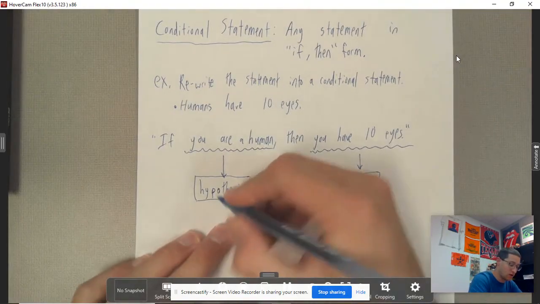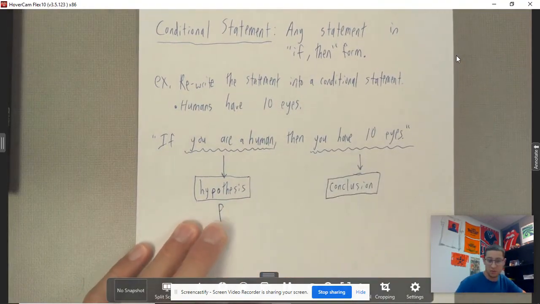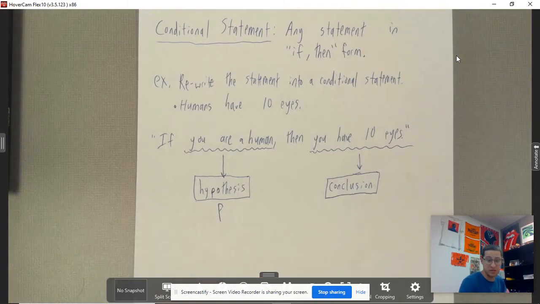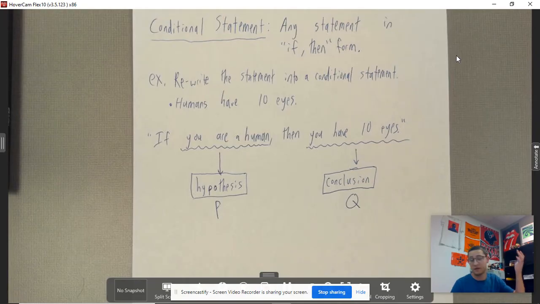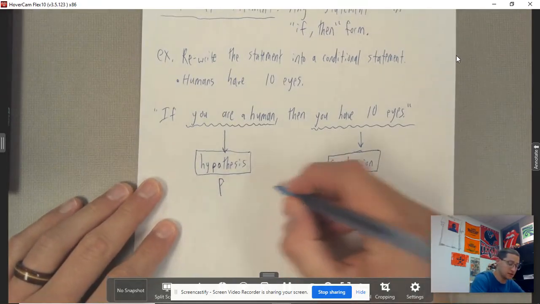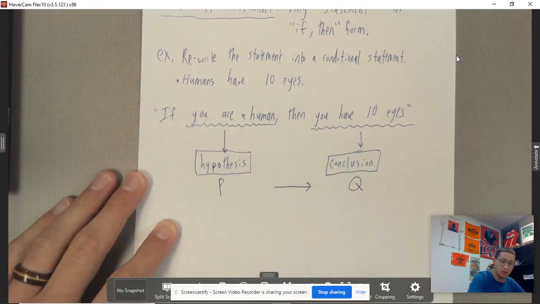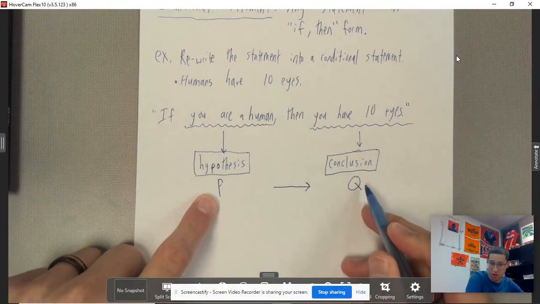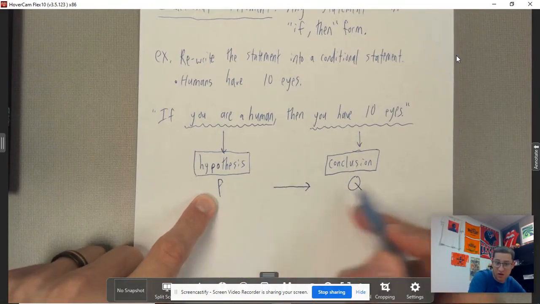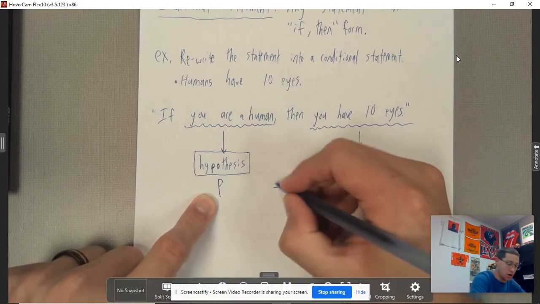The hypothesis is P, and then the conclusion is Q. Now, why it's P and Q, I really have no idea. And then you might see an arrow in between. So when you see P, arrow, Q, that means like if P, then Q. So that arrow means then.